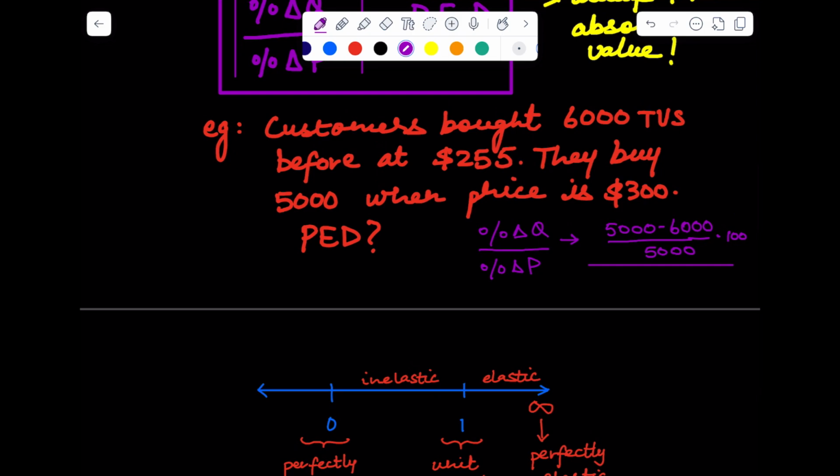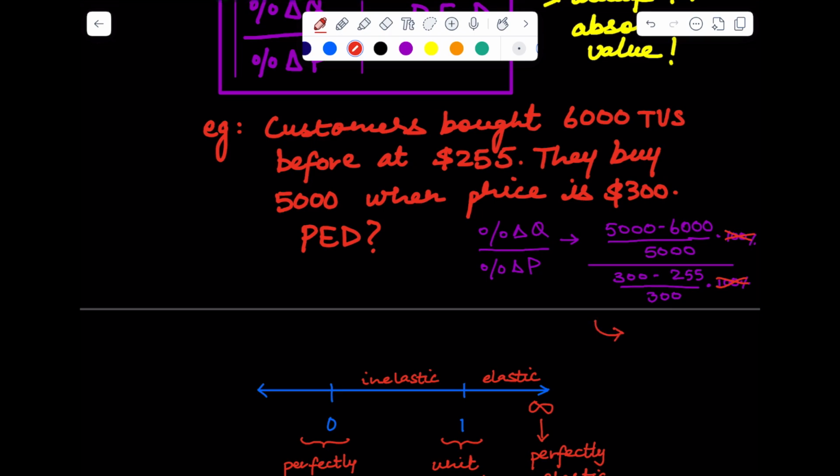Now the final price we got was 300 minus 255 over 300. So if you do that with the 100%, just so you guys don't get confused, but again, this will always cancel out, so generally you don't need to have that, but if it helps you, it helps you, so I kept it.